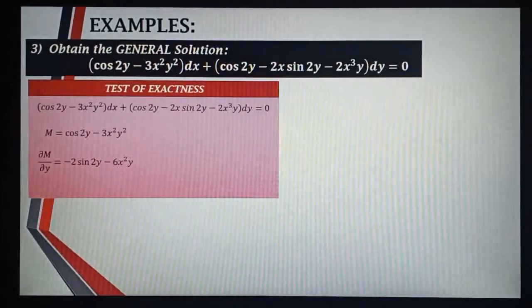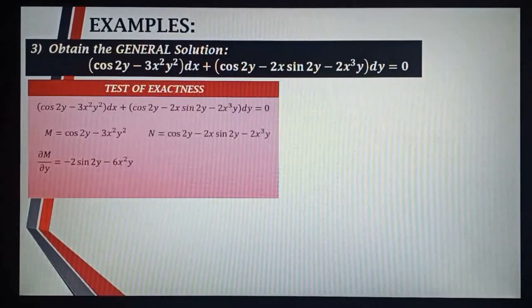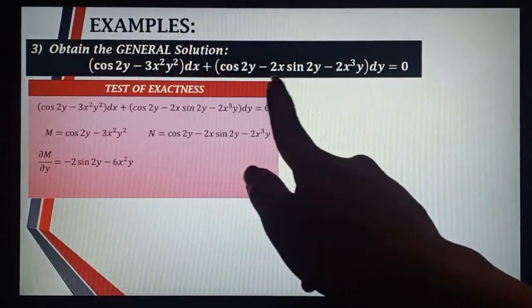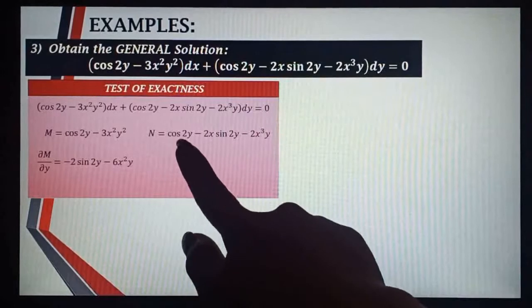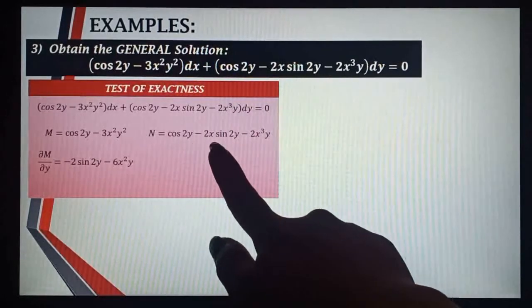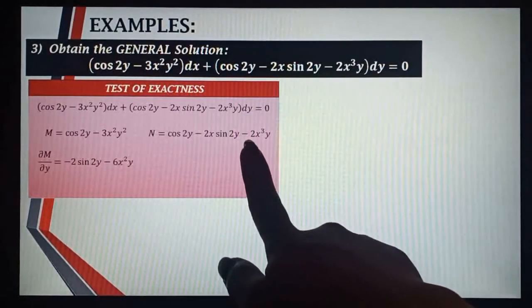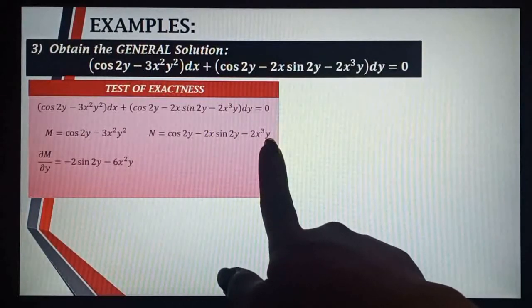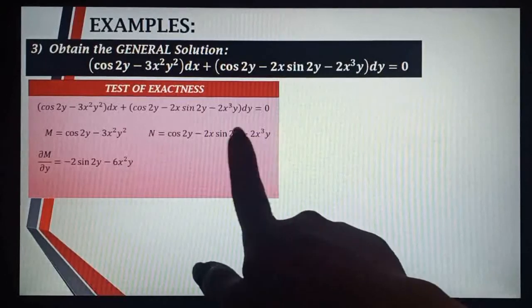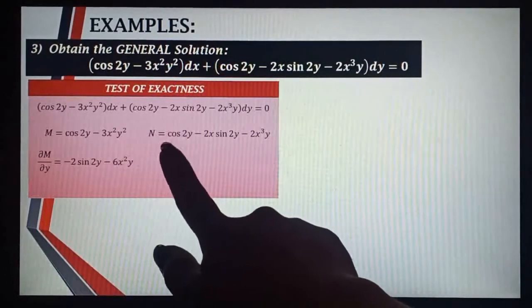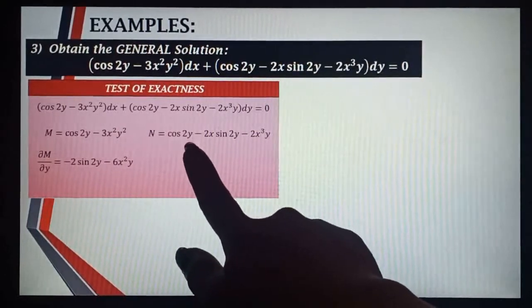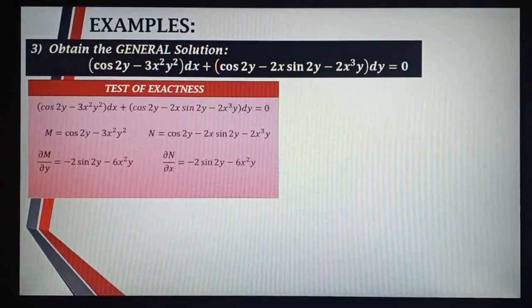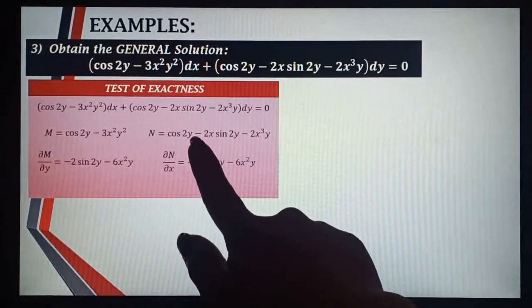Then identifying your N is the second term of the equation. So you will have cosine 2y minus 2x sine 2y minus 2x cubed y. So, i-differentiate natin siya with respect to x naman. Since this is cosine 2y, that is constant. So, 0 siya. Then, punta tayo sa second term.